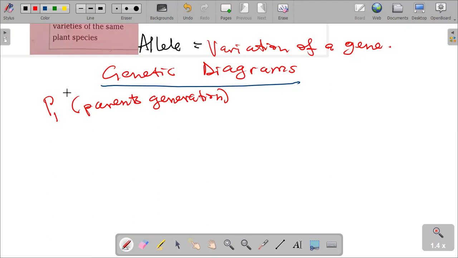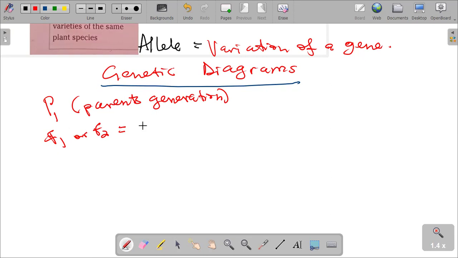We can have P1 and P2, which represent the different generations of parents. We also have F, which can be either F1 or F2, representing the filial generations.